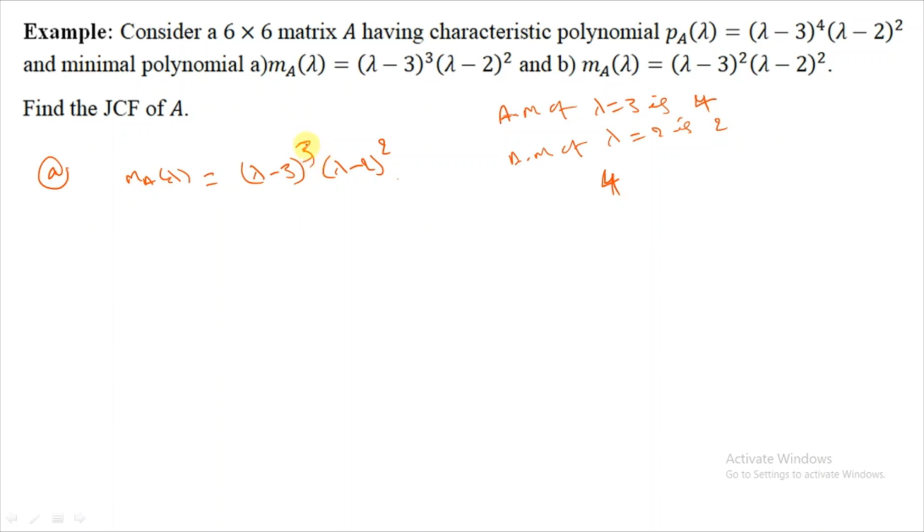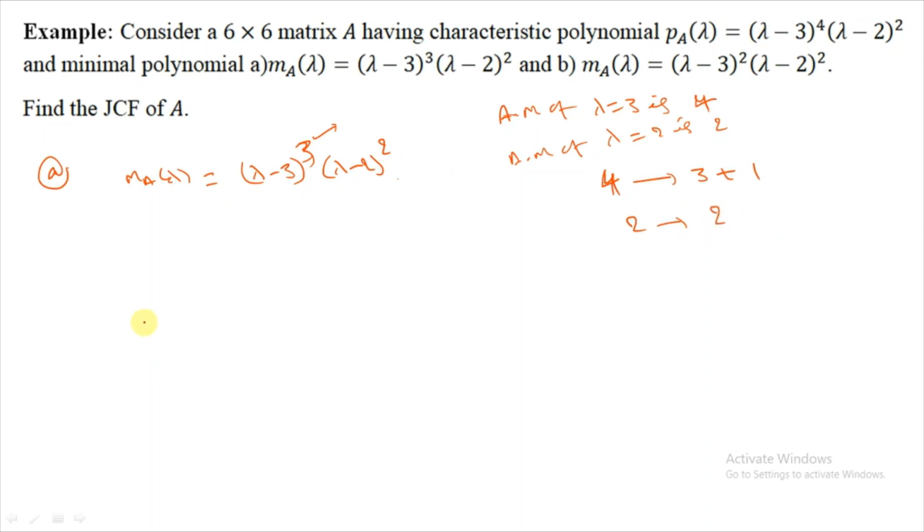The minimal polynomial gives the largest size of the Jordan block. So we can write 4 as 3 plus 1. For lambda 2, it occurs 2 times on the main diagonal, and the largest Jordan block is also 2.